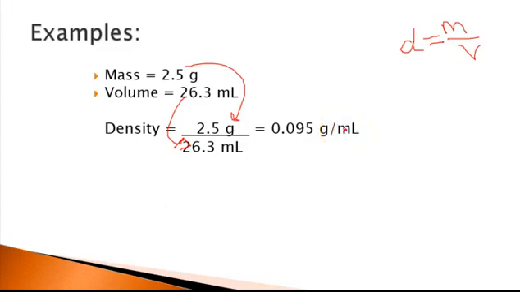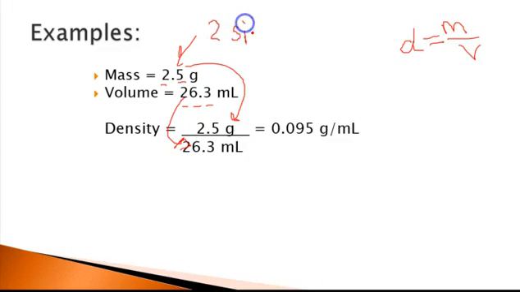While we're at it, let's talk about significant figures for just a second. This number, the mass, has 2 digits in it. And this number, the volume, has 3 digits in it. And so this number has 2 significant figures.